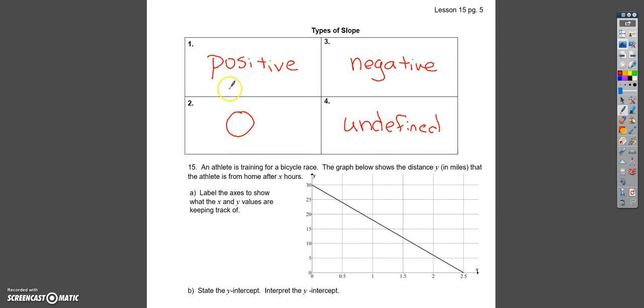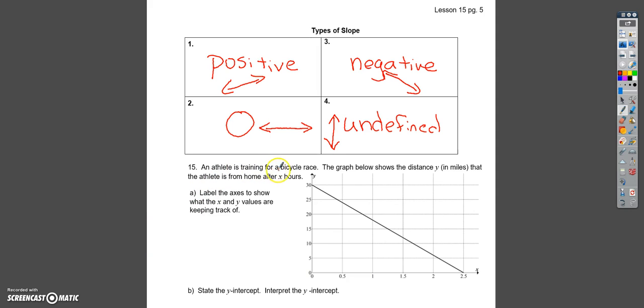And positive would look like this. Negative would be going down. 0 is straight across. And undefined would look like this, vertical.